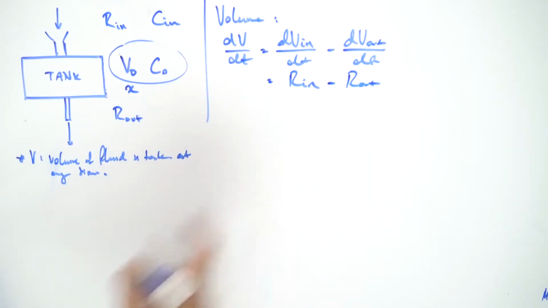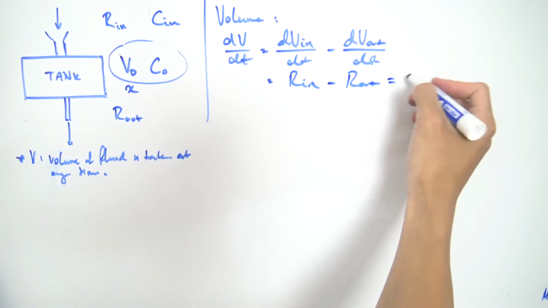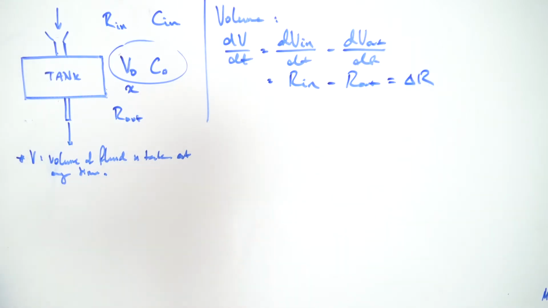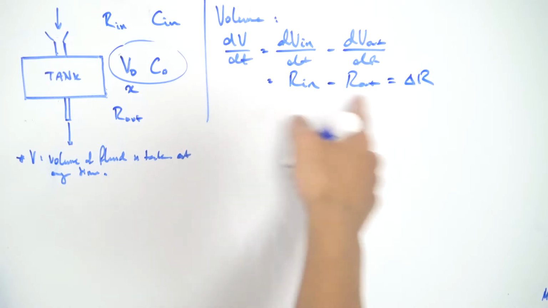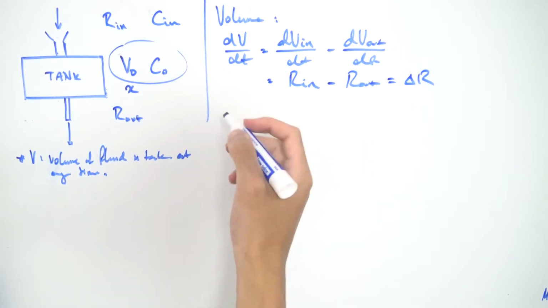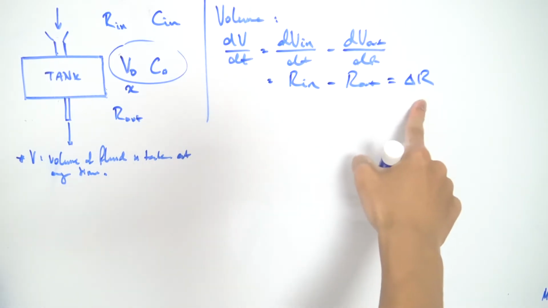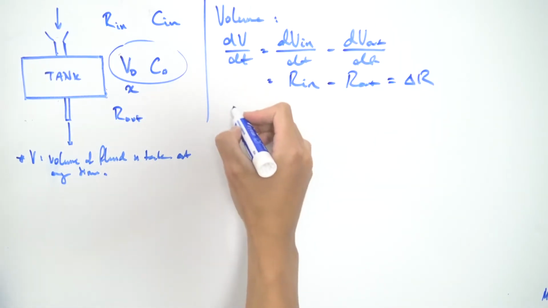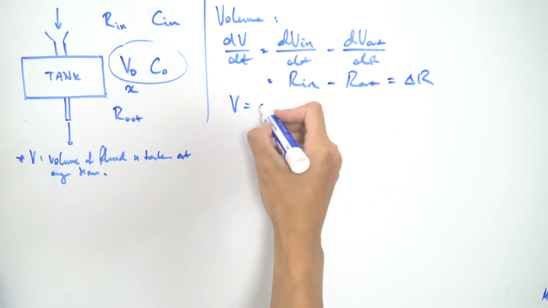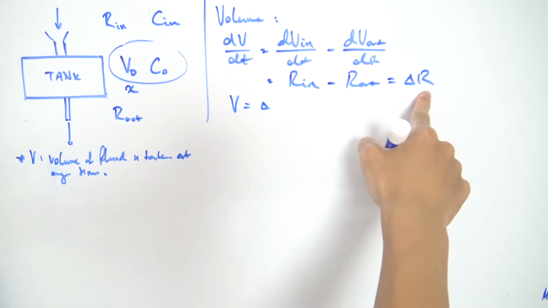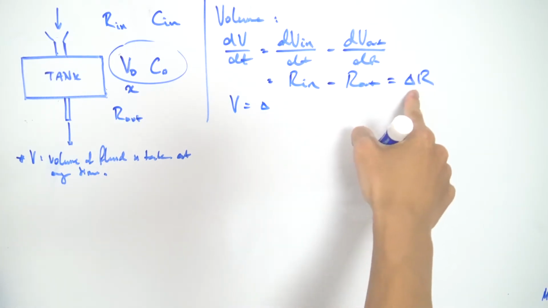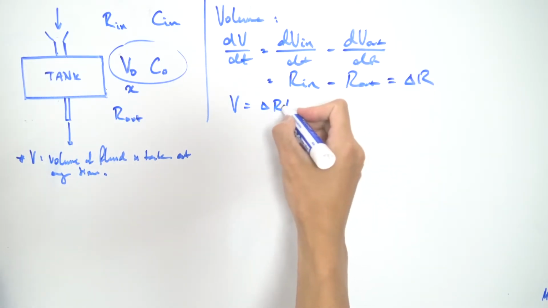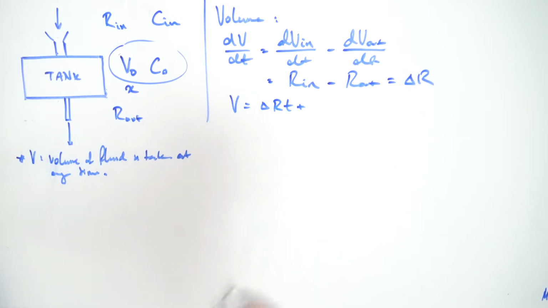And this difference in rates over here, I'm just going to be defining that as delta R, so difference in rates. So we have dV dt is equal to delta R. We can solve this differential equation by integrating both sides with respect to t, and we get that V is equal to the antiderivative of delta R, which is just a constant, so delta R t plus some arbitrary constant.